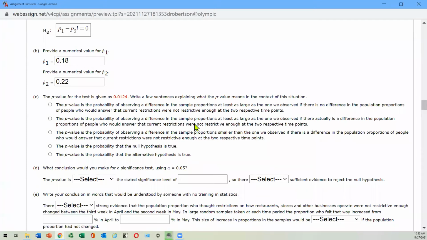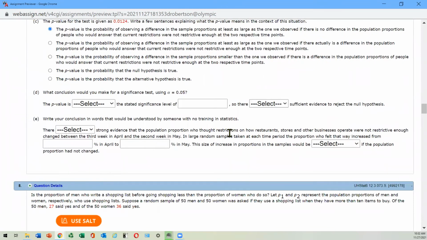Okay, so the p-value is the probability of observing a difference in the sample proportions at least as large as the one that we observed if there was no difference in the population. So if they were both the same. That was a bit messy, but I'll take that one.